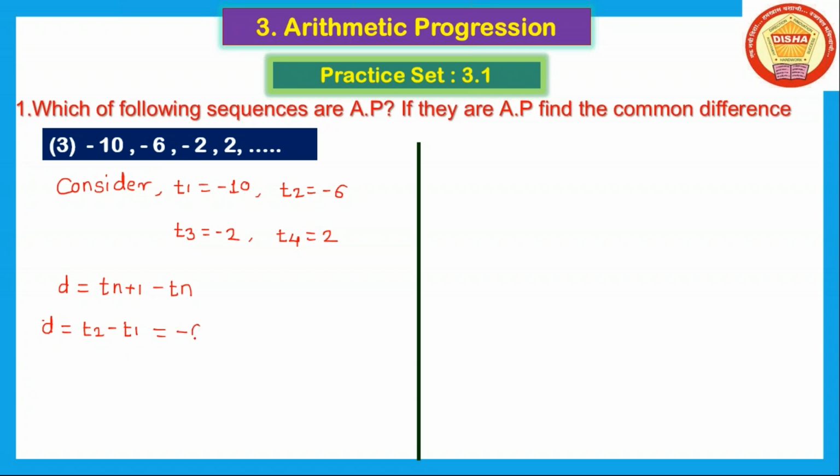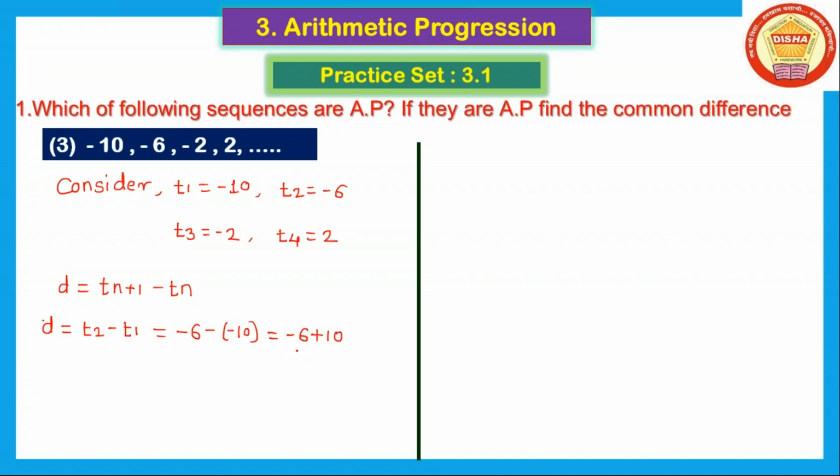T2 is negative 6 minus negative 10, where T1 is negative 10. Negative into negative becomes positive. So we get negative 6 plus 10.